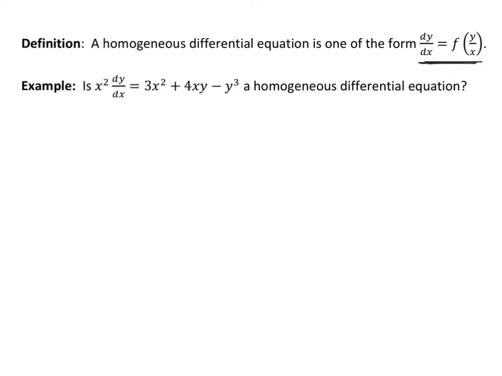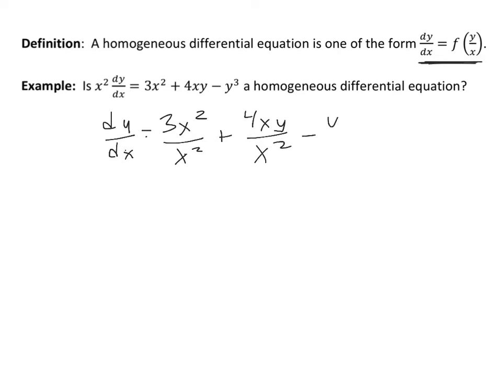So I need to get dy/dx alone. The first step is to divide by x squared. So I'm going to get dy/dx equals 3x squared over x squared plus 4xy over x squared minus y cubed over x squared.